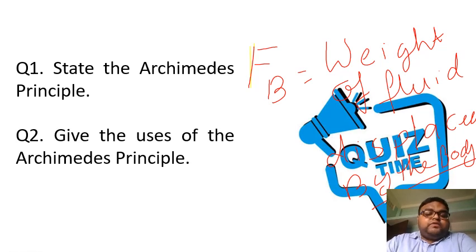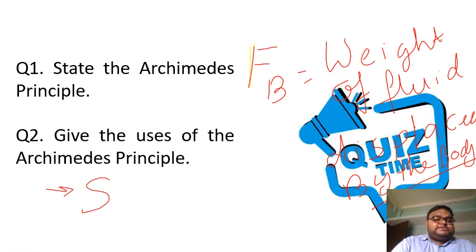Now students, read this question. Give the uses of the Archimedes principle. Just think about this question for 10 seconds, then you can answer. So we saw that the Archimedes principle is used in the designing of ships and submarines.